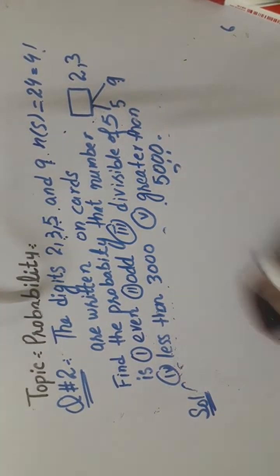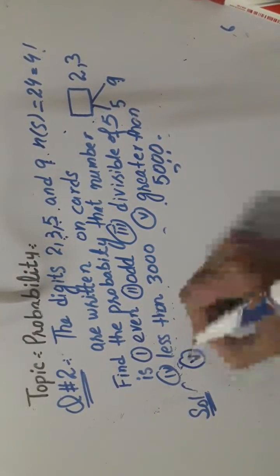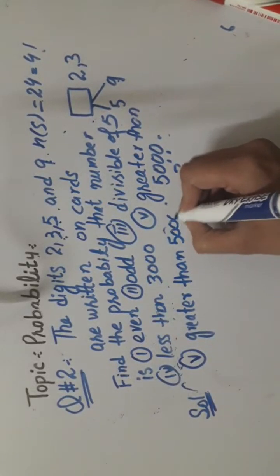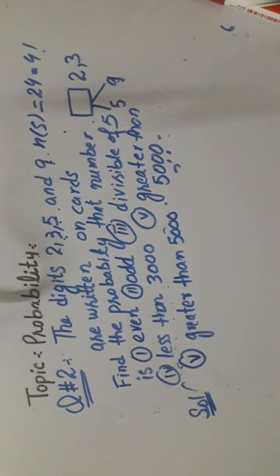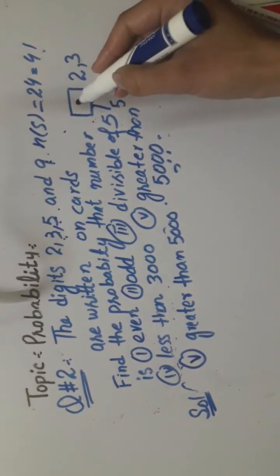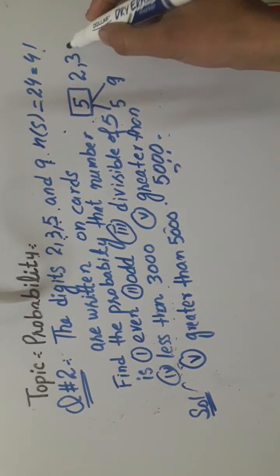Fifth part, that is greater than 5000. So we will solve this question. When you use 5 here, 9 will be used here.